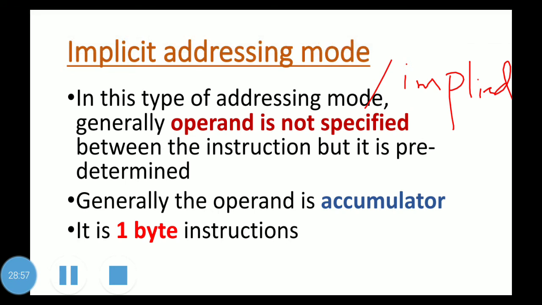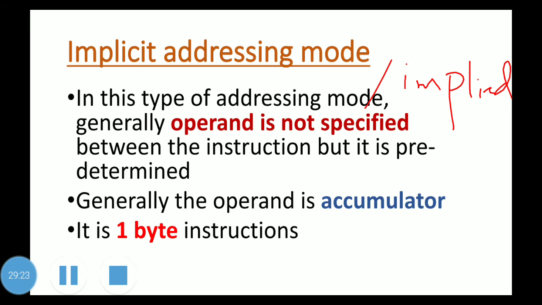If they ask to write a note on implicit addressing mode, then also it is the same. We need to remember these two words, because in the exam either of these two words is used. They can ask in your question, explain implicit addressing mode, or explain implied addressing mode. Now let us understand what is implicit addressing mode.